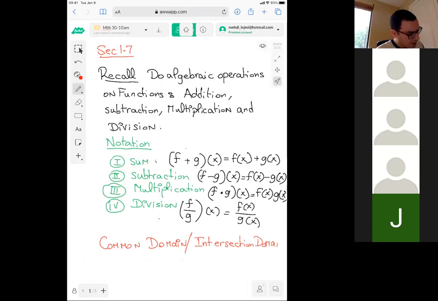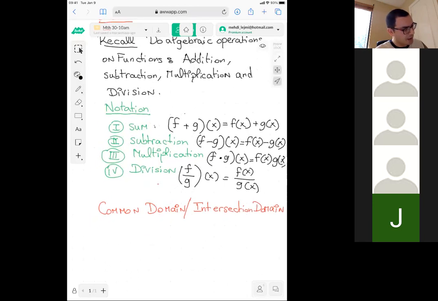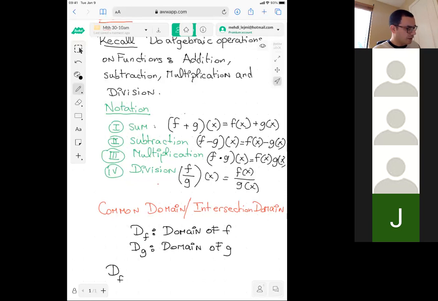We used the following notation: D subscript F is the domain of F, and D subscript G is the domain of G. Then D_F intersected with D_G, written with the reversed capital U, is the common domain of F and G, right?